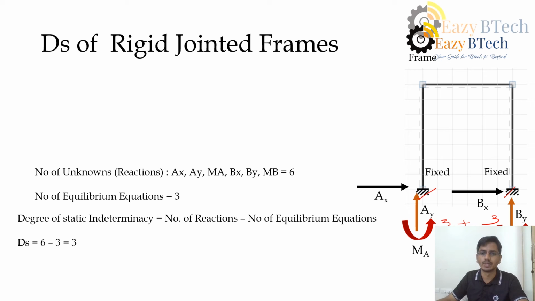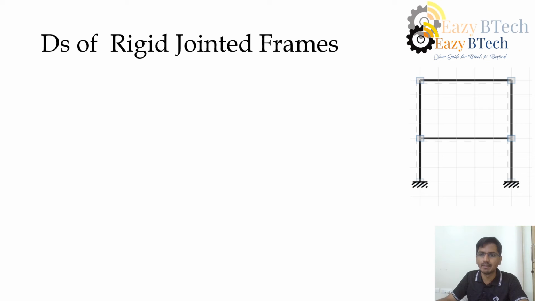So this was the easy part. Now when we have a frame like this, what's the case? How do you find the degree of static indeterminacy? It is similar to what we did in the previous problem.